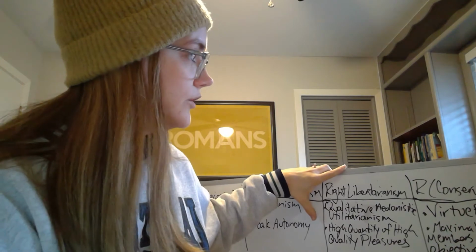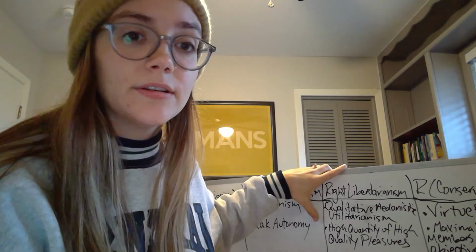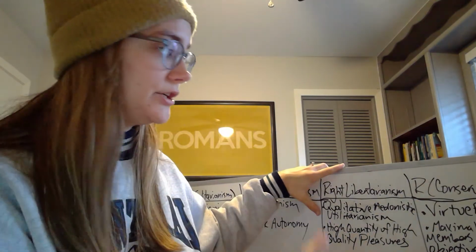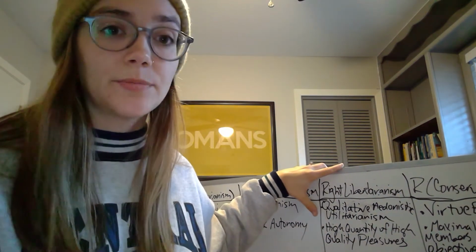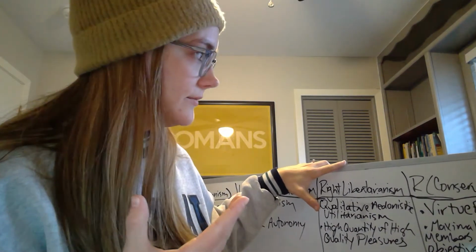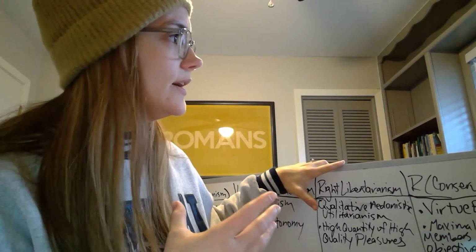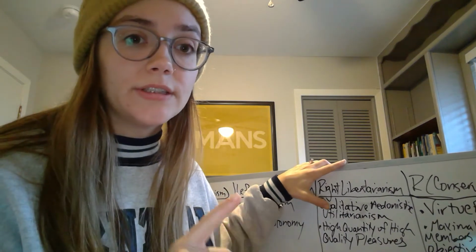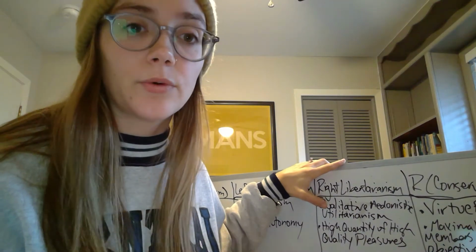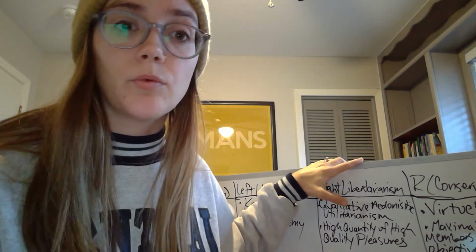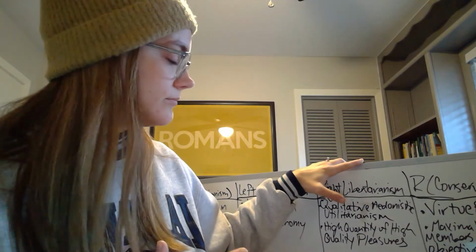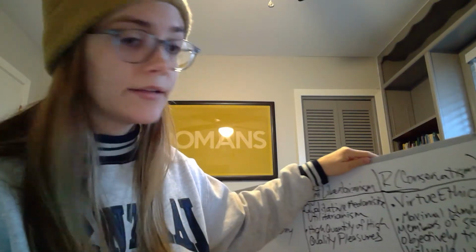So the right libertarian wants members of society to have as much pleasure as possible, as much high quality pleasure as possible. And like I said, the right libertarian will distinguish between what is a better pleasure versus a worse pleasure, which left libertarianism won't do. So yeah, that's basically that.